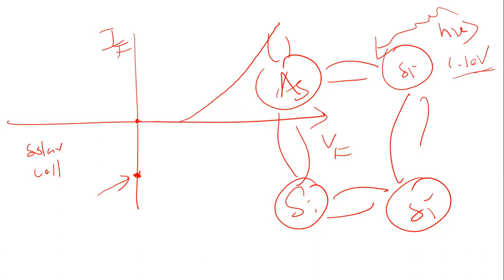Then this photon will be absorbed, and that will result in breaking of this covalent bond, by releasing free electrons from here, and there will be creation of a vacancy. Now, this electron hole pair that is formed here will easily recombine.